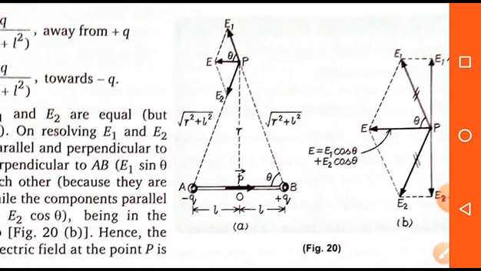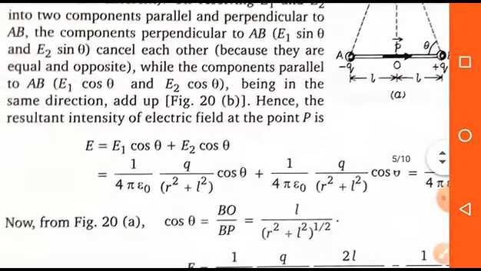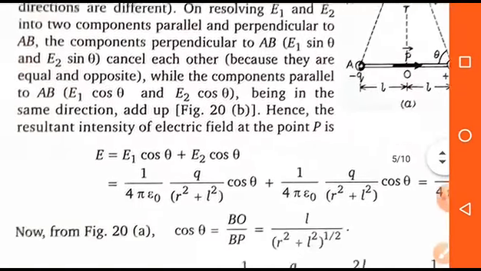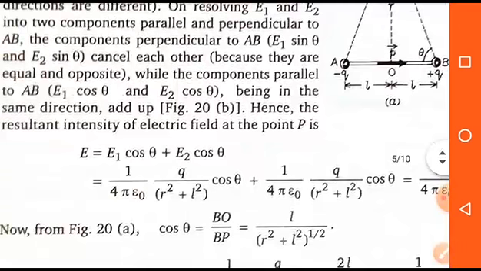At point P the direction of the electric field due to the plus Q charge will be E1, outward, and E2 is the direction of the electric field at point P due to the minus Q charge, which will be towards the minus Q. The resultant will be E, which will be inclined at angle theta.